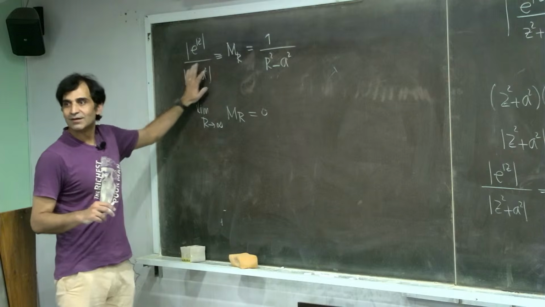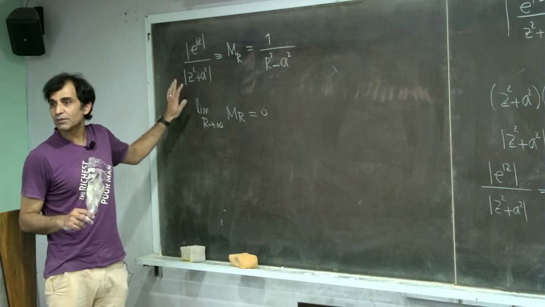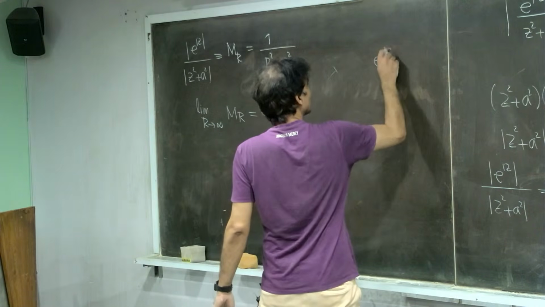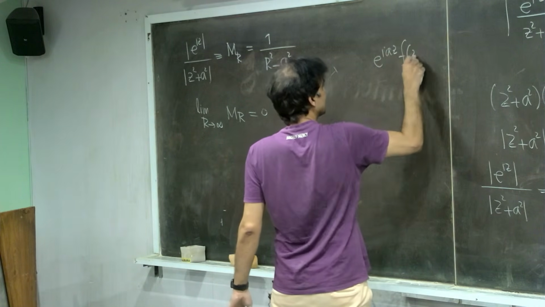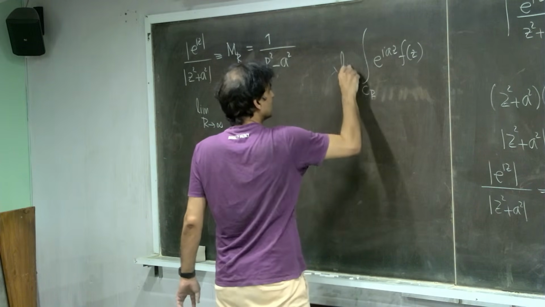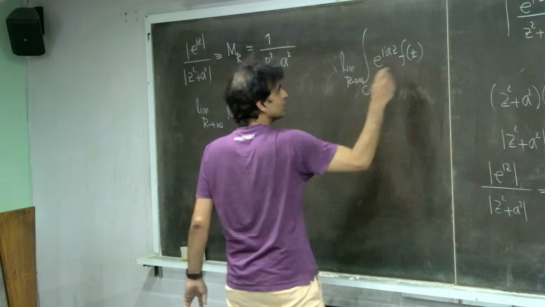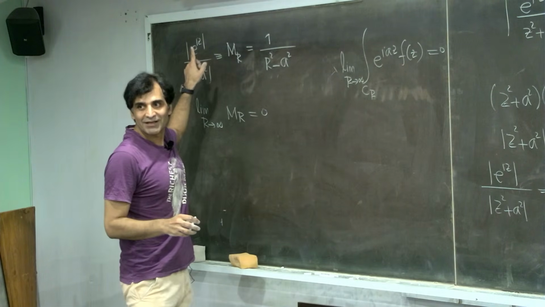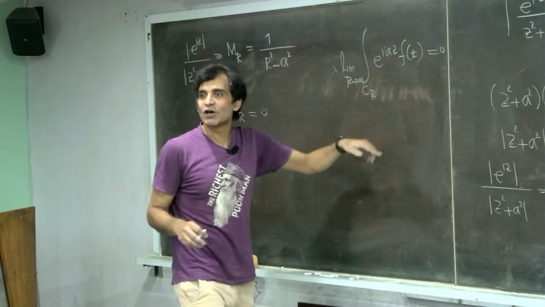This is the whole function. Our function was e to the power, you remember I said, e to the power iota a z, f of z, integrated. Instead of a you have 1 in this one, and f of z is 1 over z squared plus a squared.